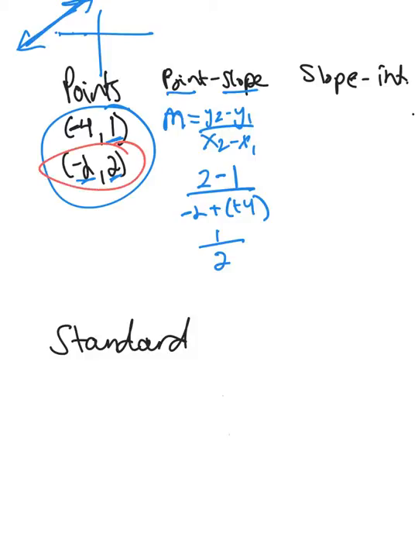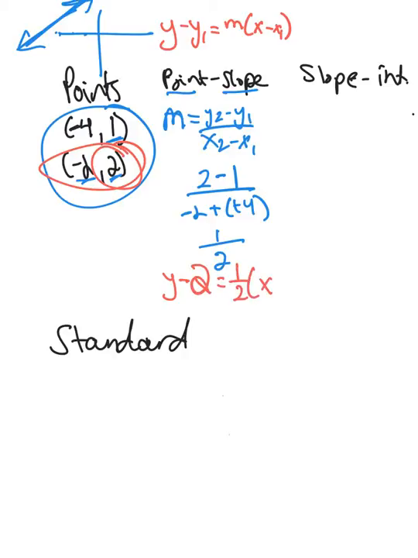So one answer using this would be y minus, because remember point-slope is y minus y1 equals m times x minus x1. Okay, so y minus this number, 2, equals m, so 1/2 times x minus -2, which would be plus 2. Okay, then, or I could have done this problem.